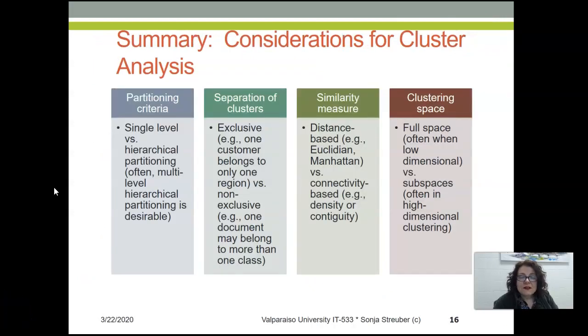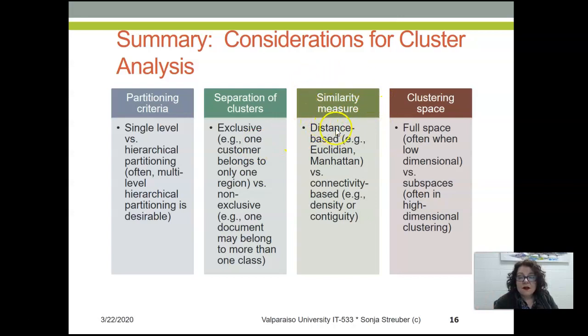So to build good clusters, we need to consider how we want to partition our clusters, how we want to separate our clusters, whether we want to allow points to belong to just one cluster or maybe percentage-wise to one cluster and perhaps to another.